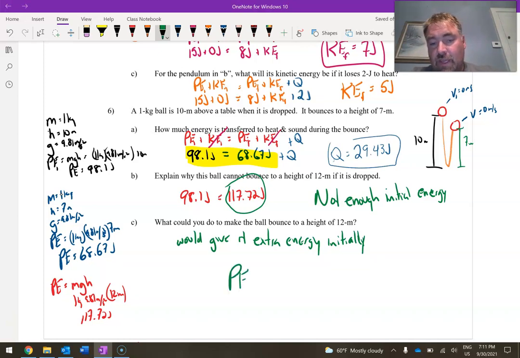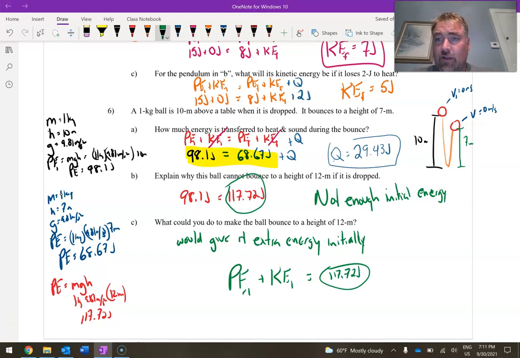So you'd have a PE initial plus a KE initial, and that would have to equal our total energy afterwards. So we'd have to equal that 117.72 joules, and that's assuming we didn't lose any to heat and light and everything else. If we did, we'd have to put in even more.